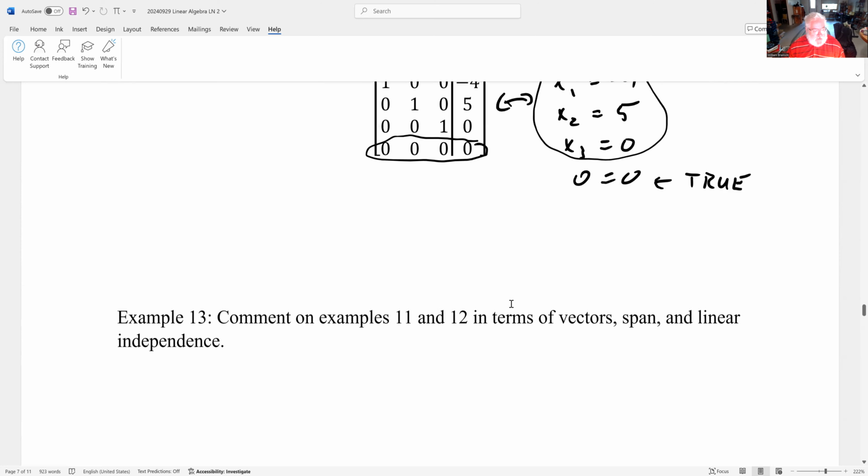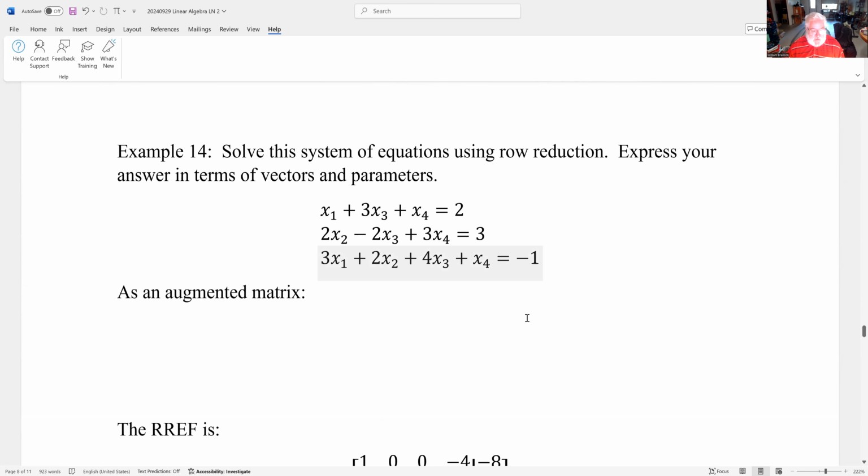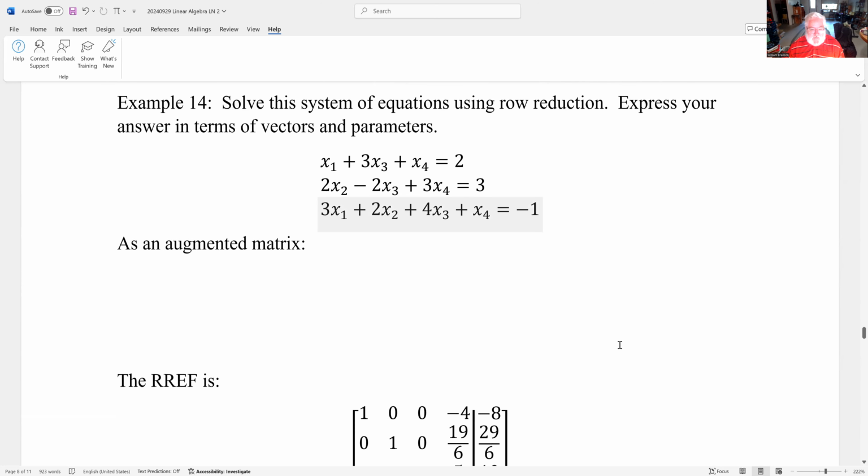Example 14. Solve the system of equations using row reduction, use vectors and parameters to solve it. So as an augmented matrix, you get 1, 0, 3. Note that there's no x1 coefficient here, and so we have a 0 for that in the second row.